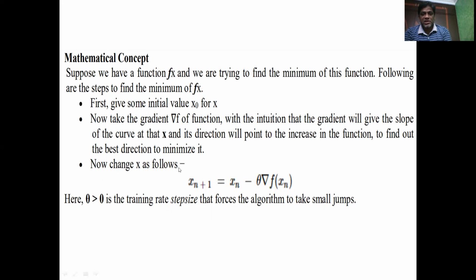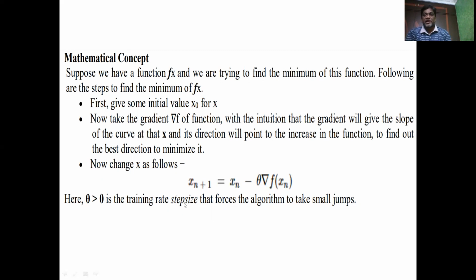Now calculate the new value of x as x(n+1) equals x(n) minus theta times delta f of x(n). Theta is the step size that I have mentioned already. This is very important.